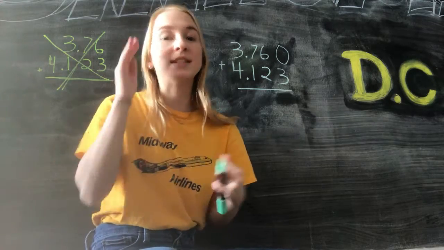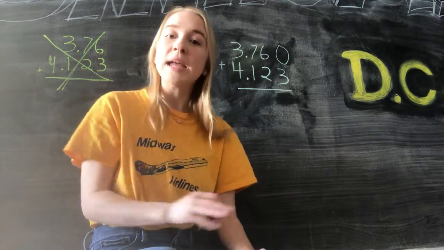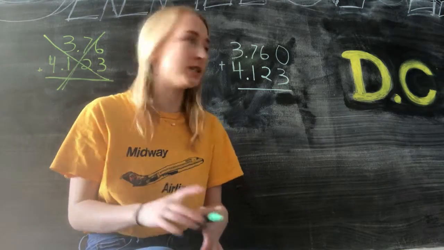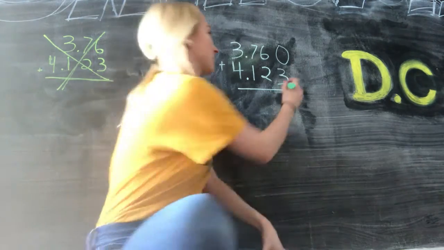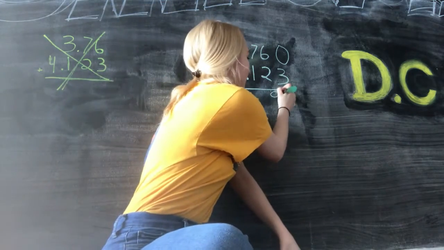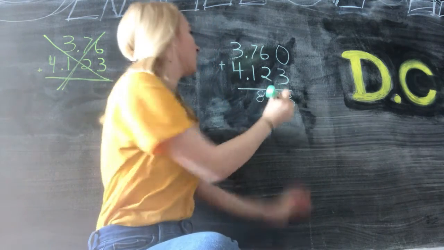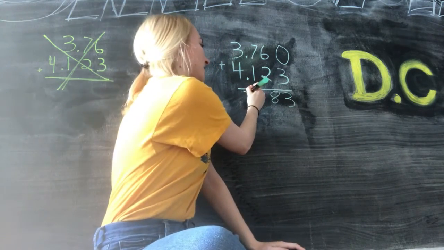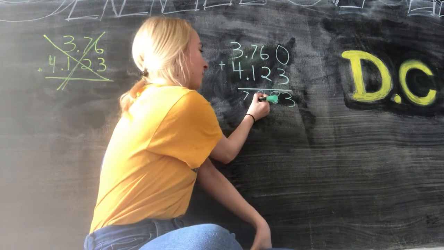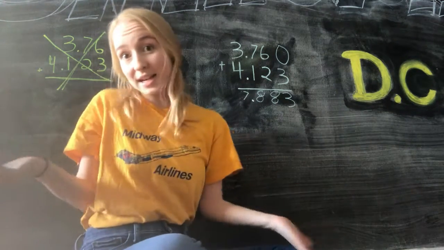Once we make sure that the decimal points are lined up, meaning that all of our place values are lined up, and that every place value has a partner, it just becomes a regular addition problem. So 0 plus 3 is 3, 6 plus 2 is 8, 7 plus 1 is also 8, 4 plus 3 is 7, and we just carry down our decimal point and put it right where it was in the original numbers. And then you're done.